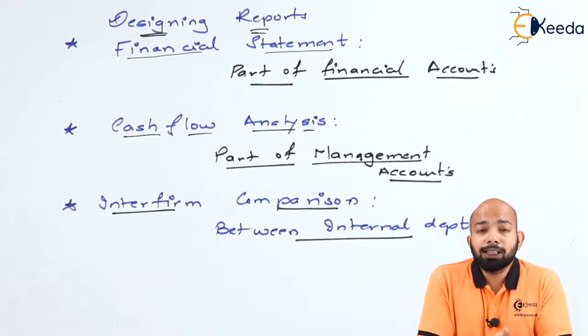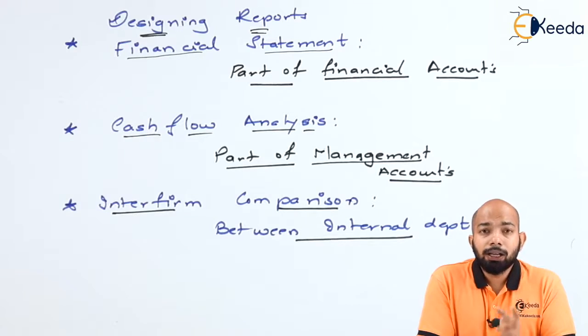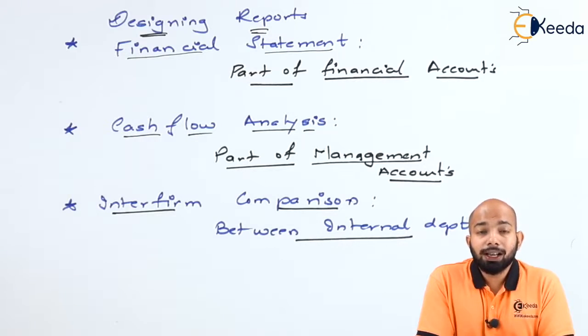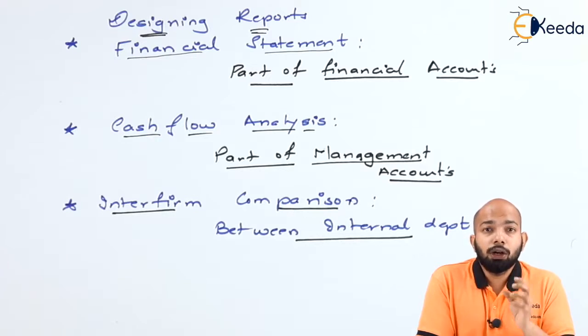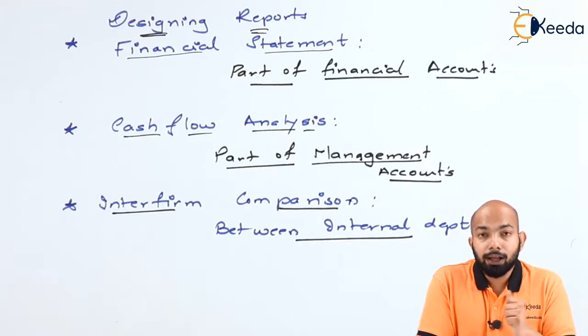Is there any revamp that is required in each of these departments? Is there any cut down that is supposed to be done? Is there any hiring that has to be done, or any increase in funding? Considering all these reports, interfirm comparison reports are very important when you have to keep track of the internal costing. Let's understand which other reports we have for our reference. That's in the next sheet.